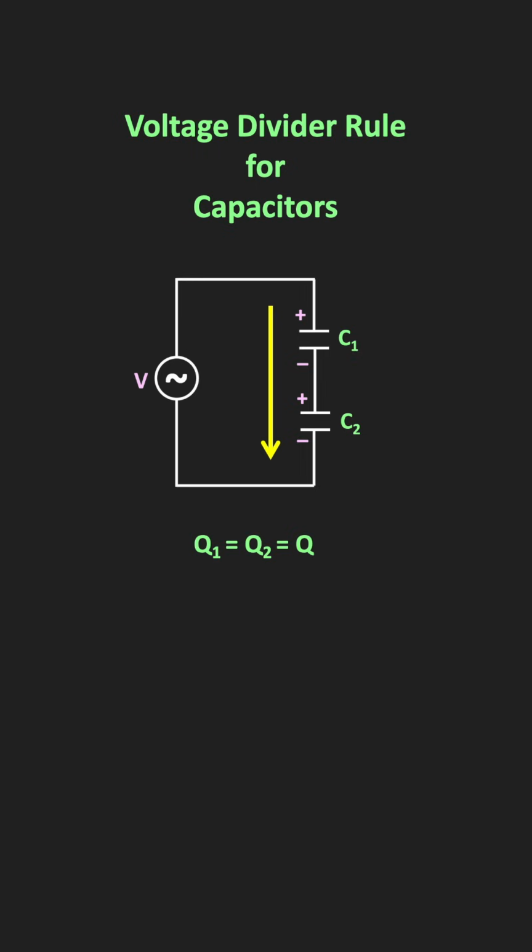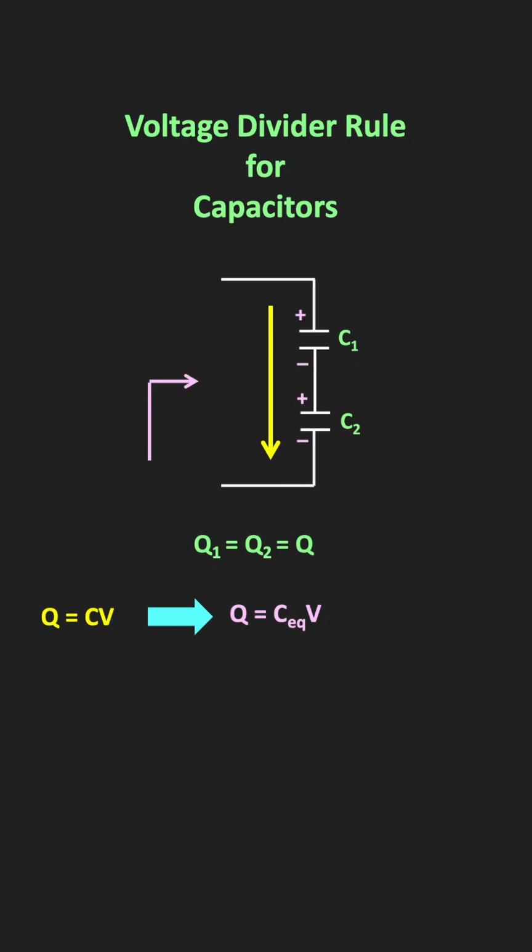But depending on the capacitance value, the voltage across each capacitor will be different, and it can be given by the expression Q is equal to CV. So the net charge supplied by the source is equal to C equivalent times V, where C equivalent is the equivalent capacitance of this series connection.